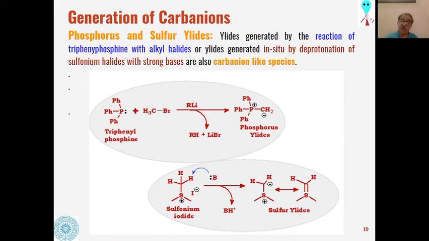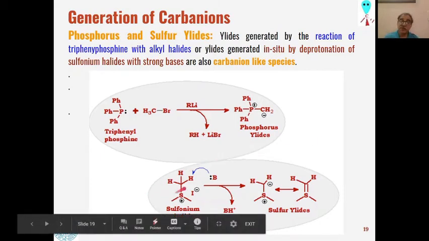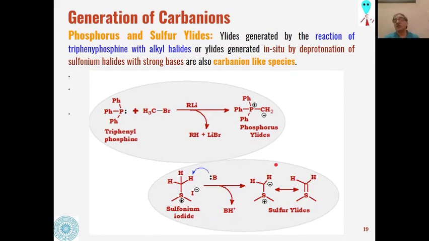This base will abstract this proton from here, and this will become a carbanion. These are called sulfur ylides. Phosphorus or sulfur ylides are very reactive, and they can undergo a variety of reactions in organic synthesis.